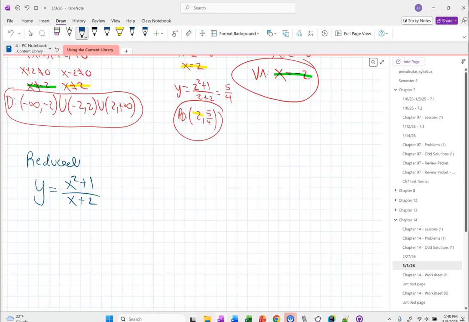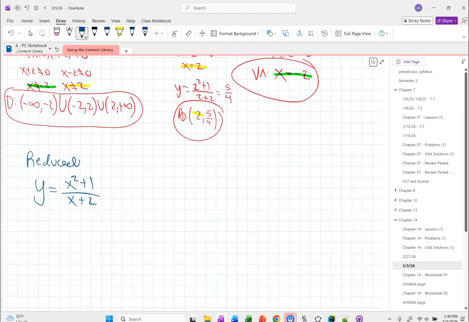Horizontal or other asymptote is an equation. It's like a y equals equation. To figure out which one it has, it can have one or the other, but never both. I need to compare the degree of the numerator with the degree of the denominator.